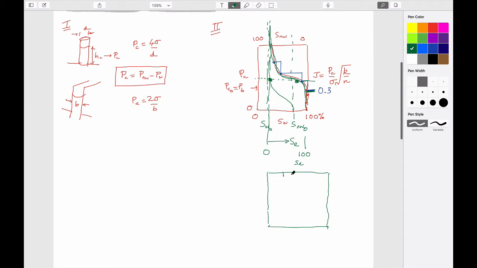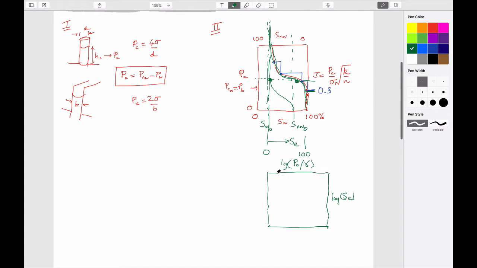It was capillary pressure divided through by unit weight of water, and effective saturation, and there were the logs of each of these.